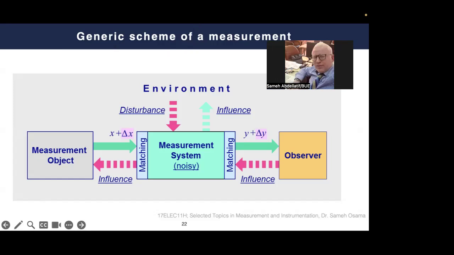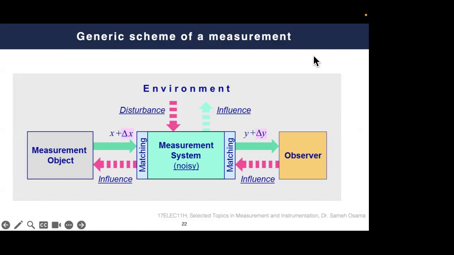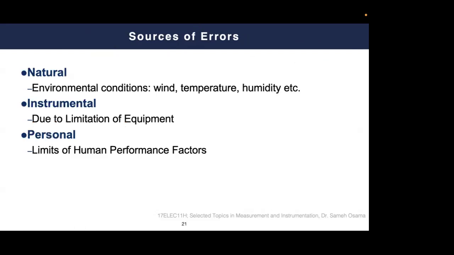Second, we have the measurement system, which might be an instrument, a sensor, or whatever. And finally, we have the observer. Considering these factors, we can classify the sources of error into three sources, including first what we can call natural error, or between quotations, environmental errors.